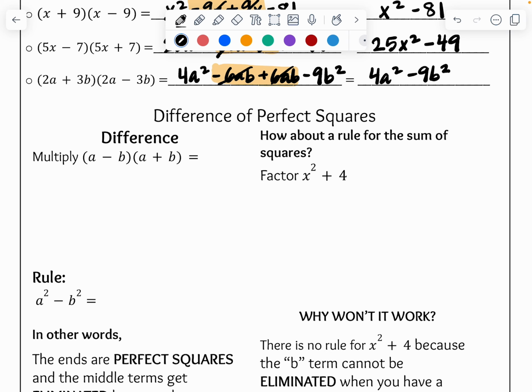So what we just did in those examples was we multiplied and we got a squared plus ab minus ab minus b squared. Middle terms canceled out. So our answer is a squared minus b squared.